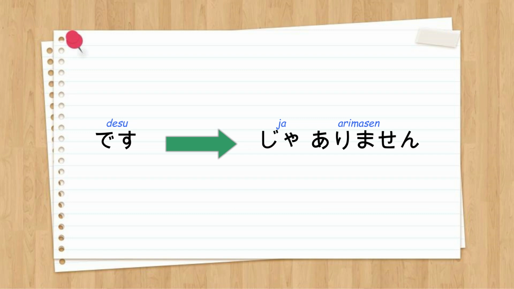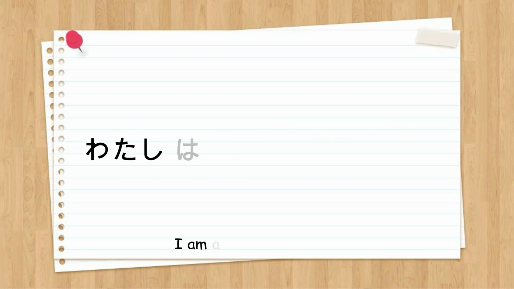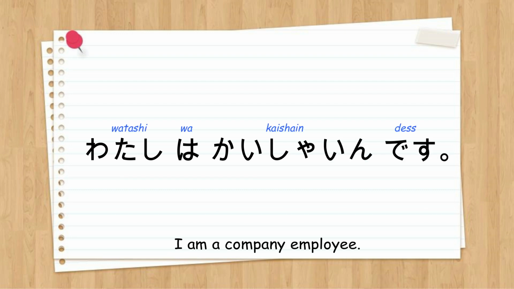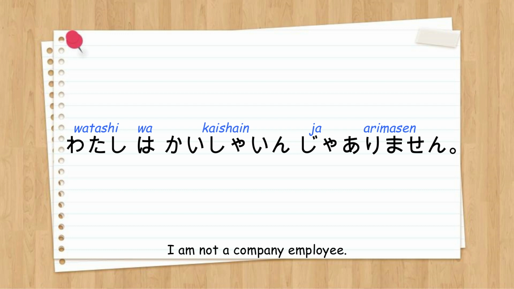I'm going to give affirmative sentences. You change it to its negative form. Watashi wa kaishain desu. Watashi wa kaishain ja arimasen.